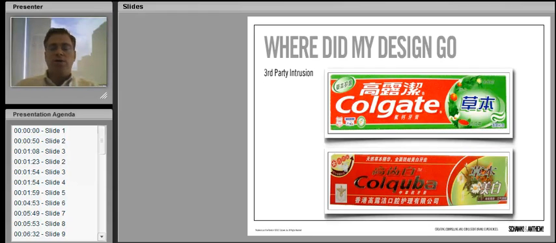I would actually make the argument to you that the fake looks better than the real one. No insult to Colgate, of course, but they're using a metallized embossing on the package, so it shines a little bit more. It might pop a little bit more, but in essence, it is a fake product, and it is not real Colgate. Now, it might be real toothpaste, but it's not Colgate toothpaste.